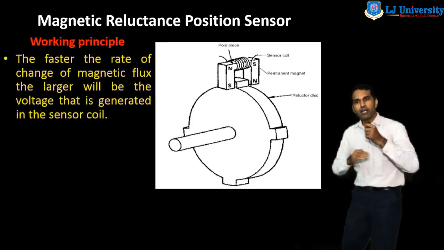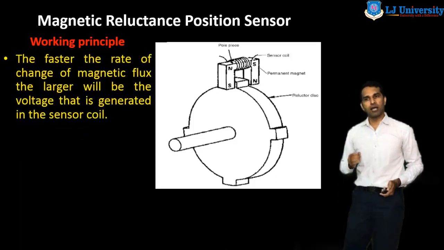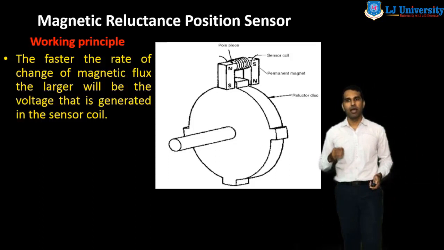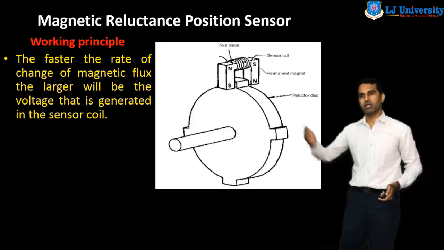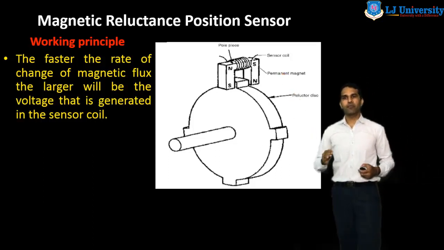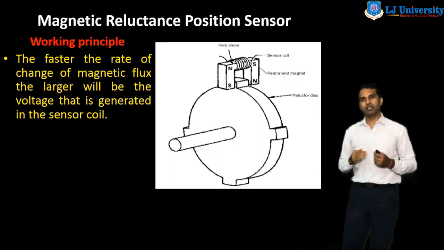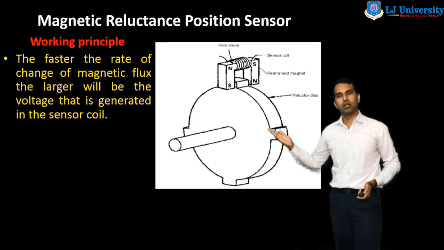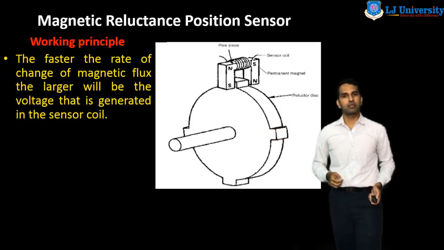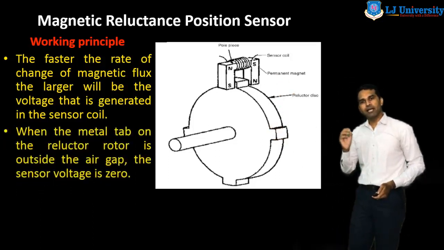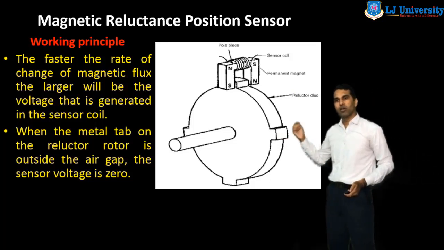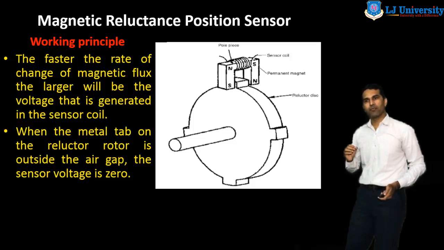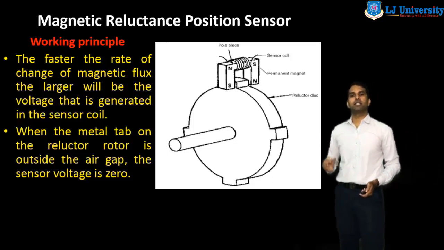The faster the rate of change of the magnetic flux, the larger the voltage generated in the sensor coil. That means as the rate of change of magnetic flux increases, the voltage generated inside this coil also increases. When the metallic tap on the reluctor rotor is outside the air gap, the sensor voltage is 0.